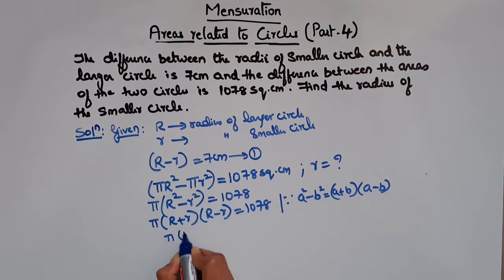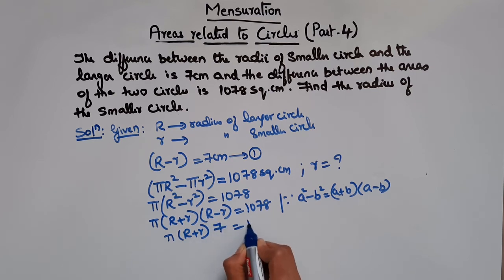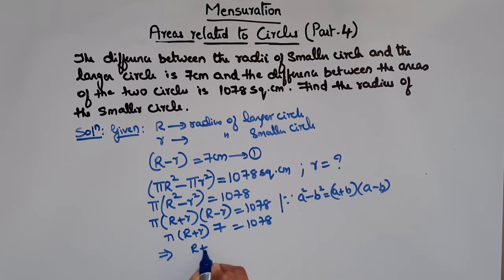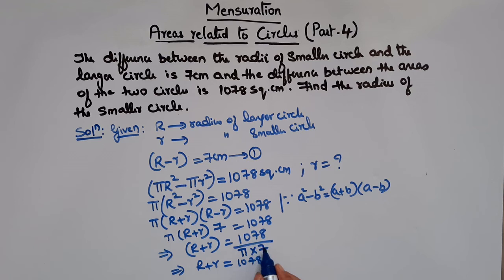So pi into R plus r, here we can replace R minus r by 7, is equal to 1078. So this implies R plus r is equal to 1078 by pi into 7. Here pi is 22 by 7, so your 7 will come to the numerator, 1078 by 22 into 7. When you simplify this, it will give you 49 centimeter.